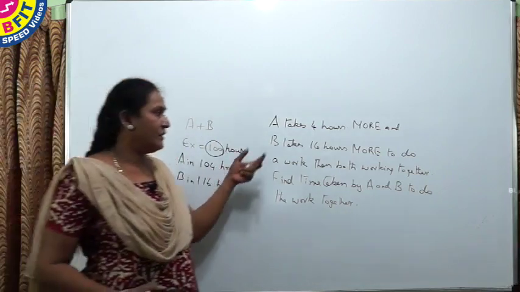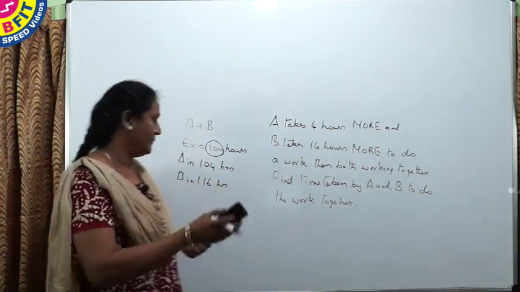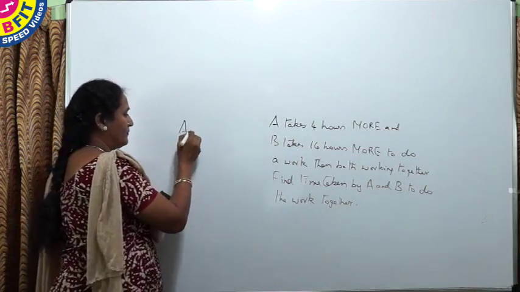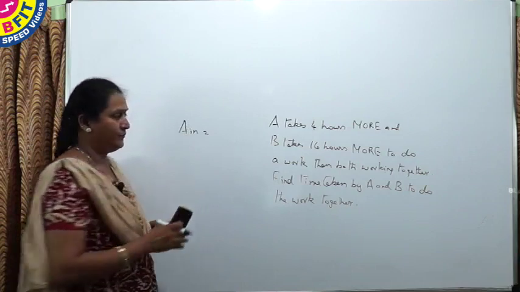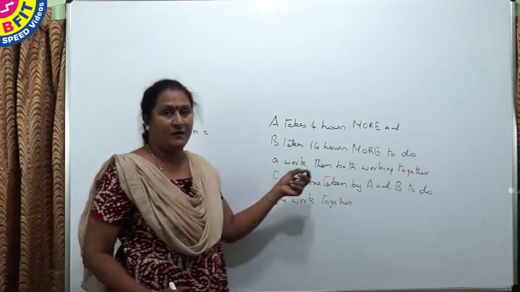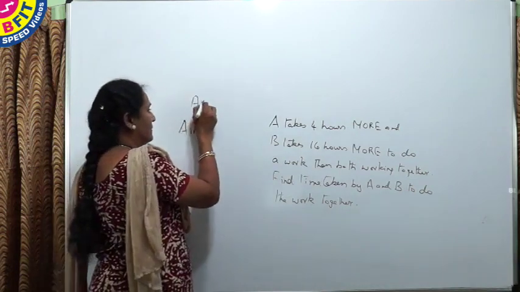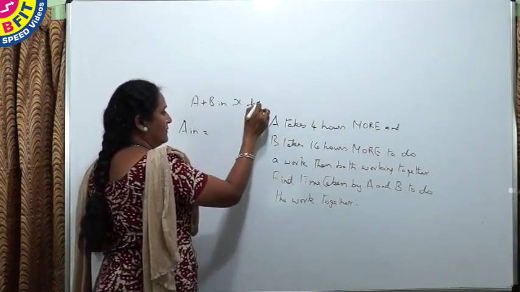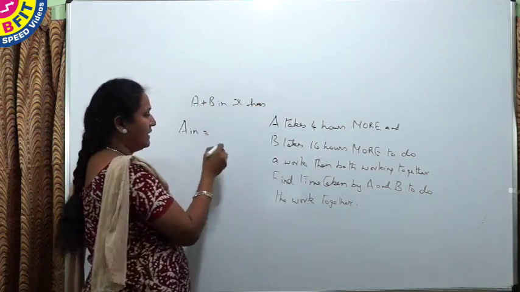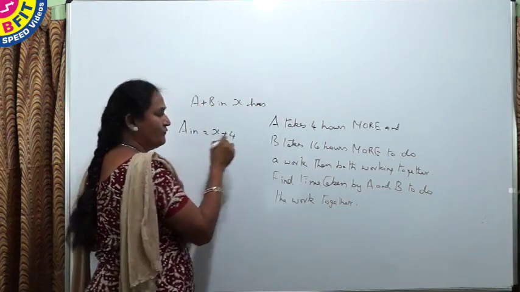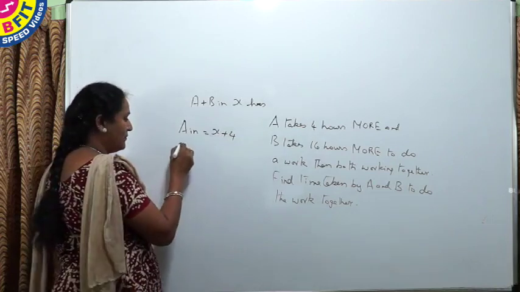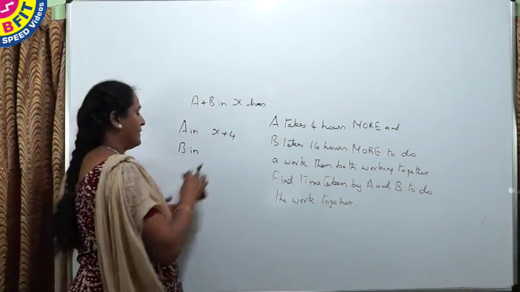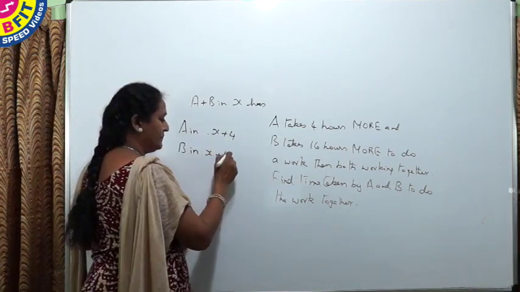Now proceeding with these two persons, using AB by A plus B. When we take the time taken together as X hours, the time taken by A is X plus 4 and the time taken by B is X plus 16.